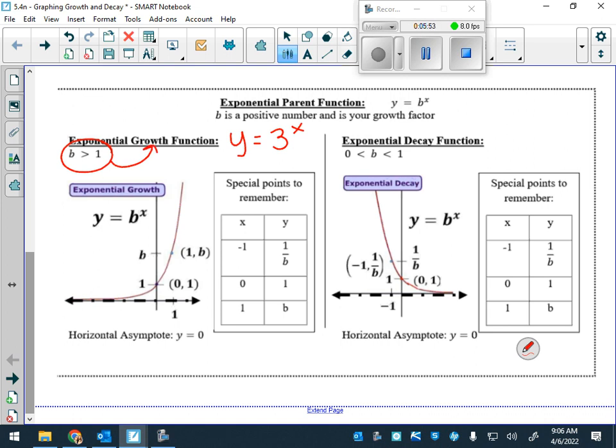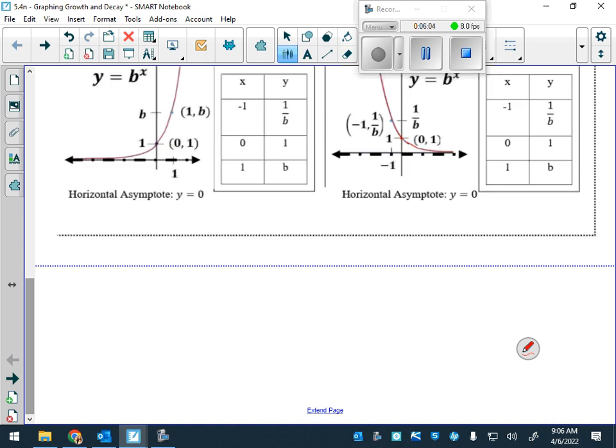As you read this graph left to right, it's increasing. And if you notice, there's a dashed line here. That dashed line is your horizontal asymptote, which is y equals 0. That's your boundary line.